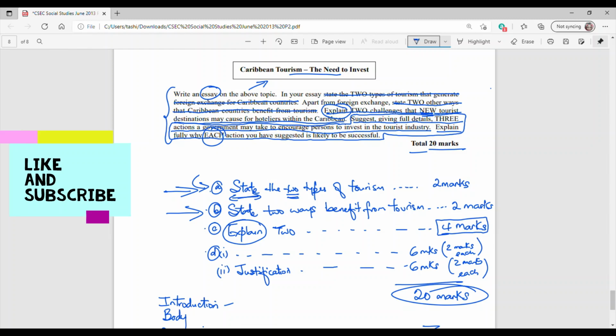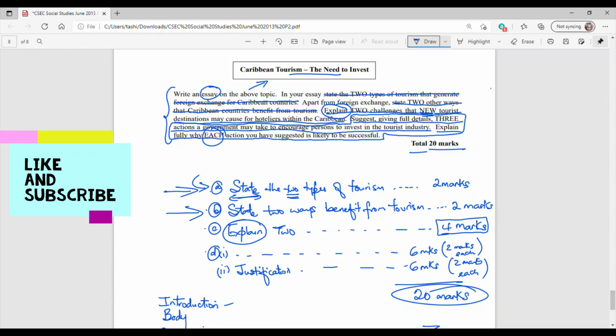So we can say countries like Mexico, for example, that may have the same sun, sea, and sand that we offer. As a result, they may be like a competitor or something like that. So they are asking you 2 challenges that these new tourist destinations may cause or may create for the hoteliers, that is the people in the Caribbean who own these hotels.